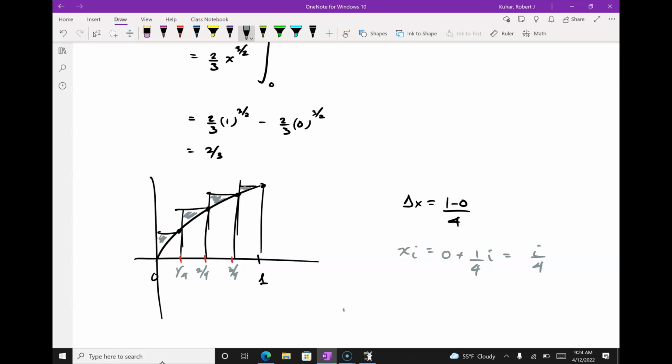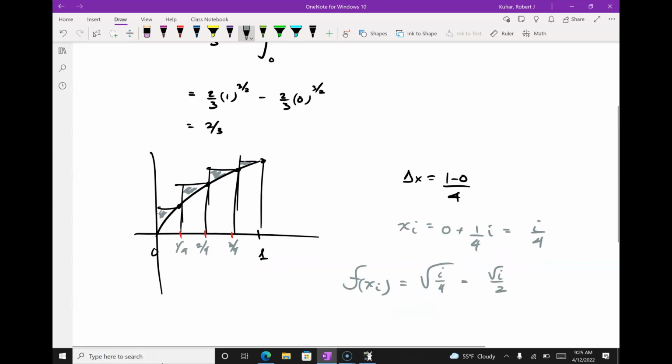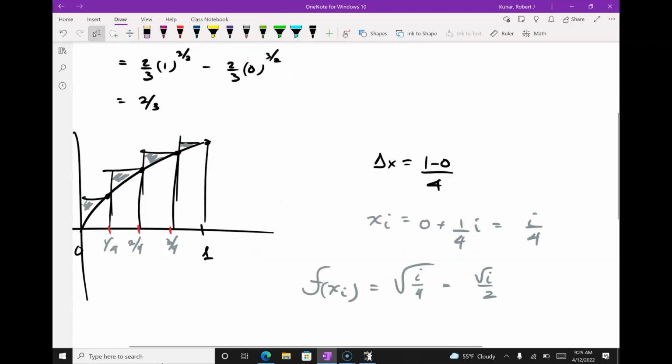And then the height of the function is simply square root of x sub i, which is square root of i over 4. So square root of the index over 2. Right? That's the height of the function. You with me?